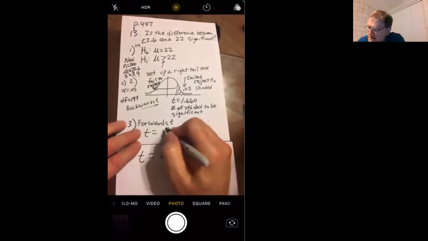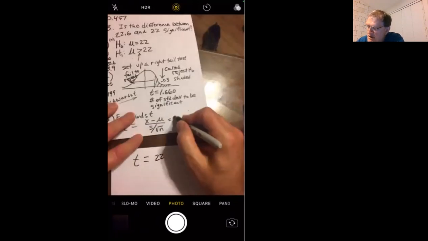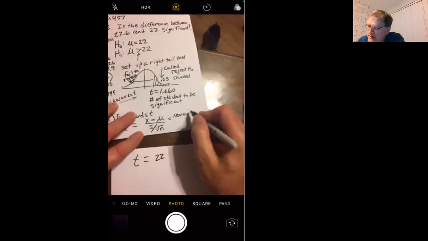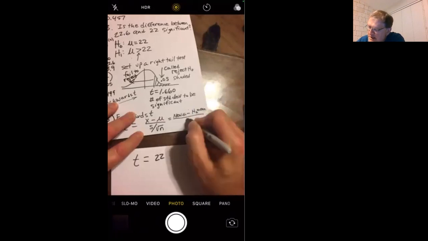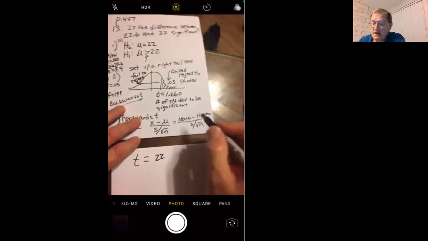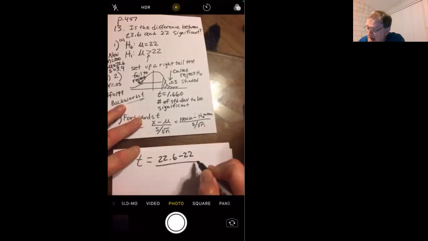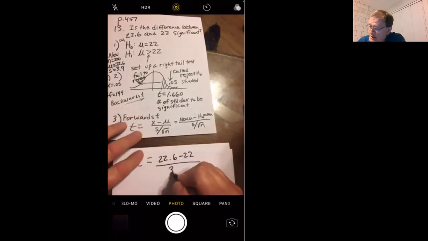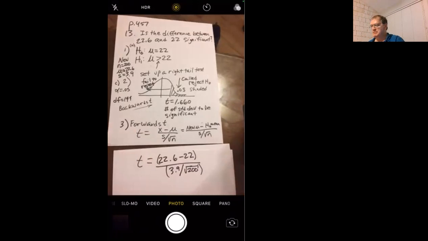Think of it as the new mean. New mean minus null hypothesis mean divided by standard deviation corrected for sample size. So I have 22.6 minus 22 divided by 3.9, which is divided by the square root of 200. Parentheses there, parentheses there.